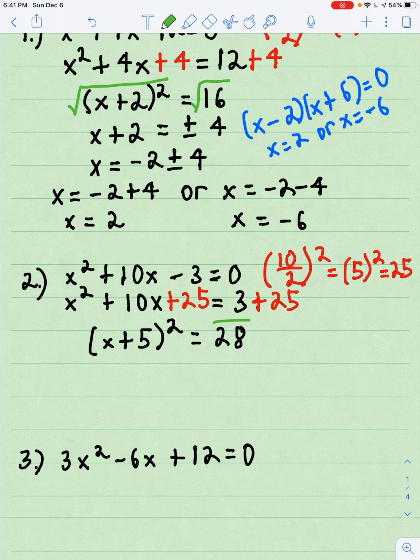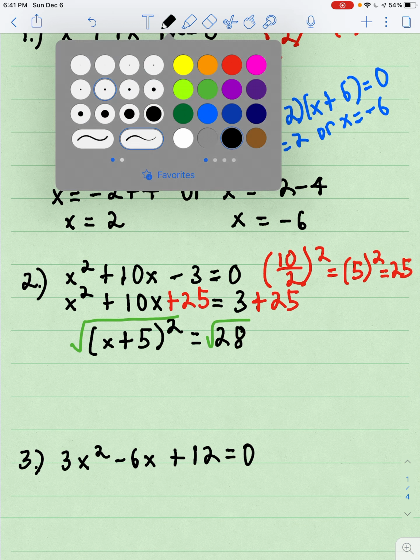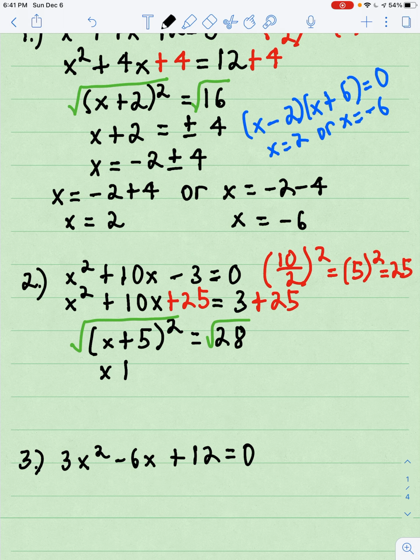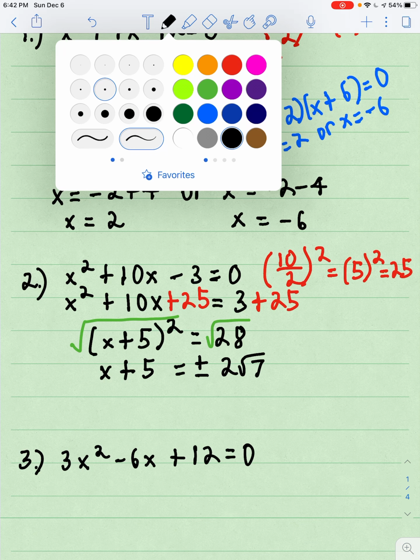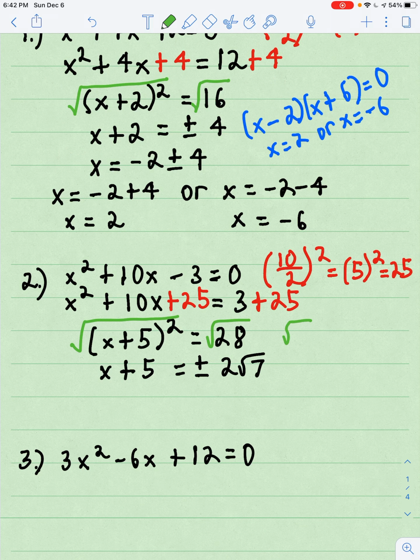And now we can take the square root of both sides, and that results in giving us x plus 5 on the left, and on the right, it will be plus or minus the square root of 28, which is going to simplify to become 2 times the square root of 7. You should recognize there is a perfect square of 4 in 28 with a leftover factor of 7. And that's how we get 2 times the square root of 7.